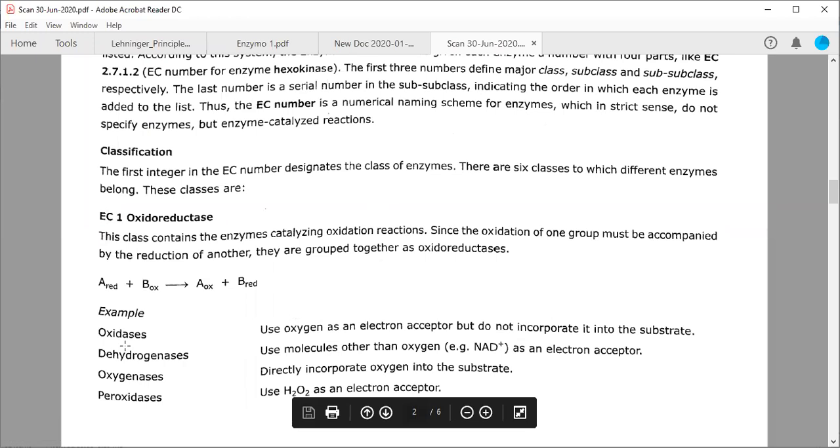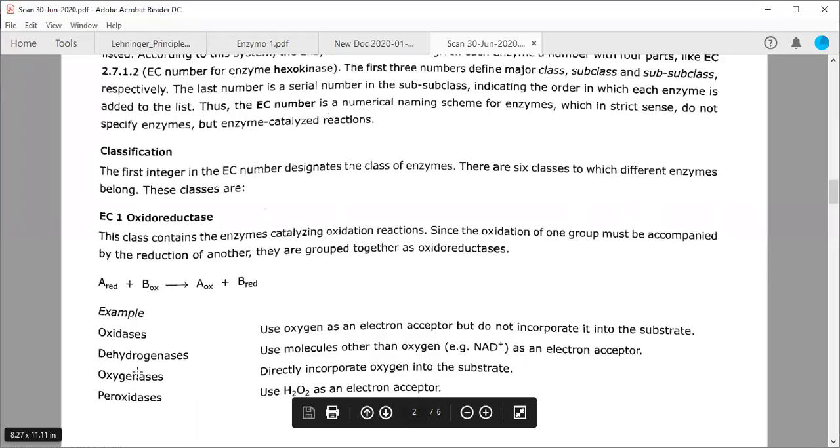For example, oxidases use oxygen as an electron acceptor. So what is the difference between oxidase and oxygenase? If the enzyme uses oxygen as electron acceptor but does not incorporate the oxygen into the substrate, this is called oxidase. But if it directly incorporates the oxygen into the substrate, then this is called oxygenase.